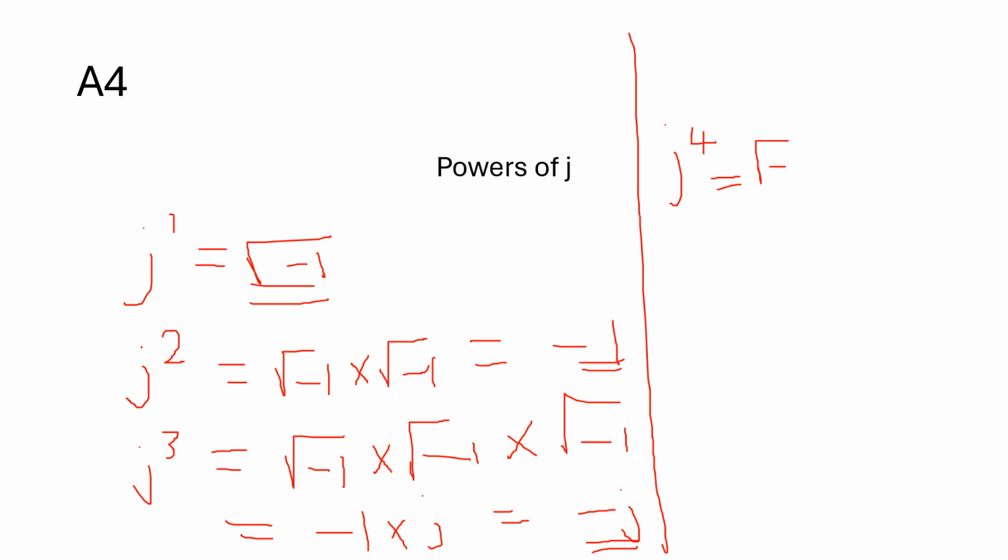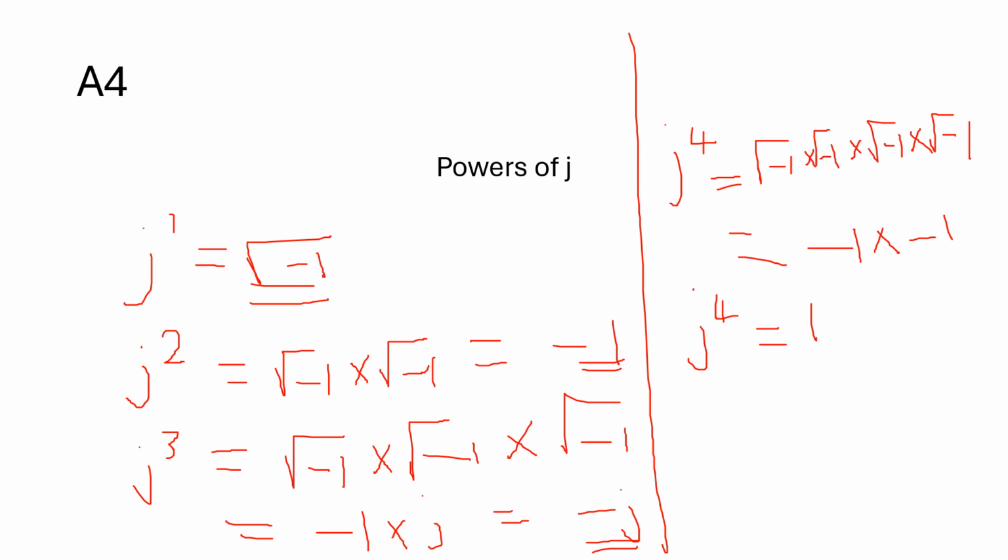The square root of -1 multiplied by the square root of -1 multiplied by the square root of -1 multiplied by the square root of -1. The first pair gives us -1, and the second pair also gives us -1. So we now know j to the power 4 is equal to +1.